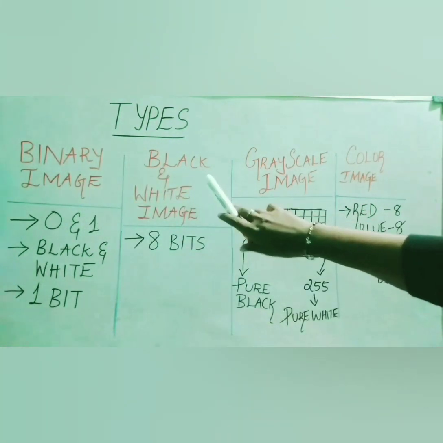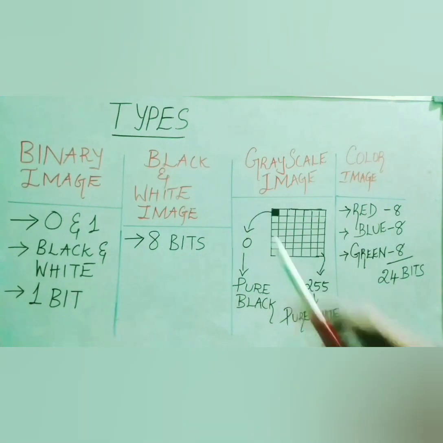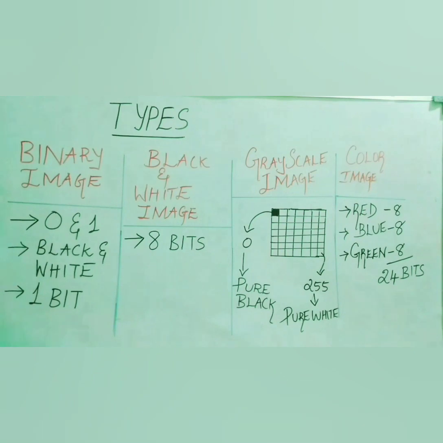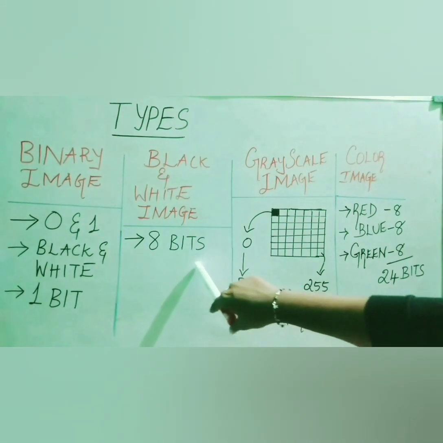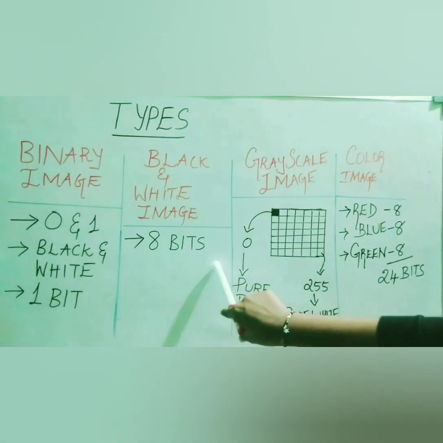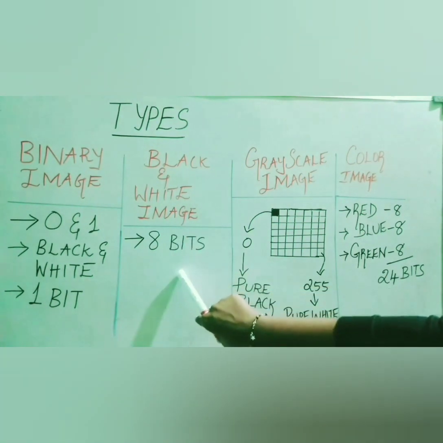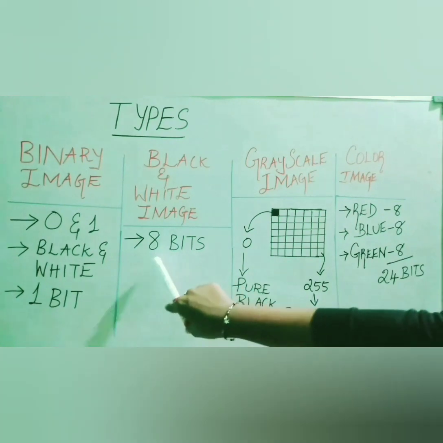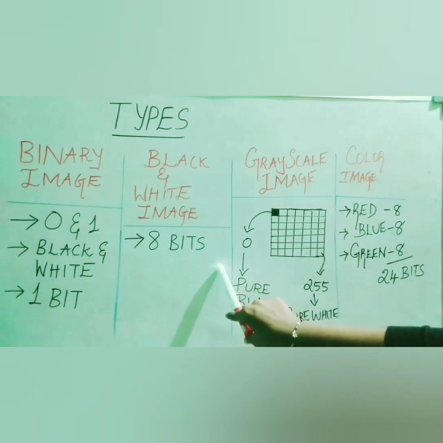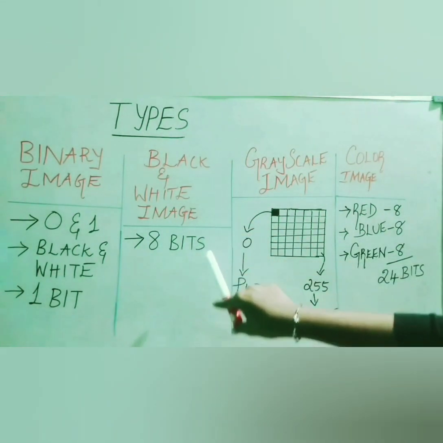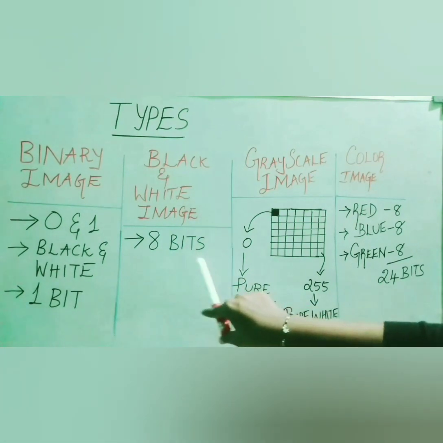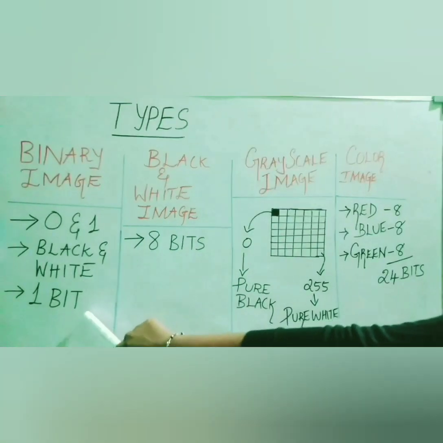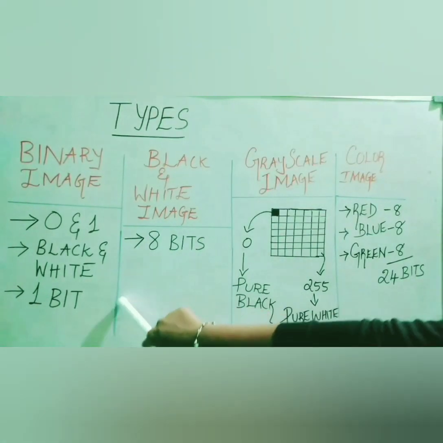Next we have black and white image. This black and white image is very much similar to a binary image, but the storage requirement is slightly higher here. Each pixel in this type of black and white image needs 8 bits of storage space, but a binary image needs only 1 bit of storage space in each pixel.